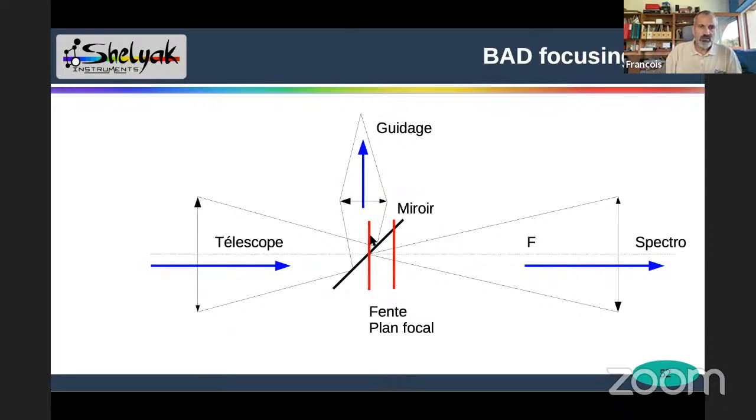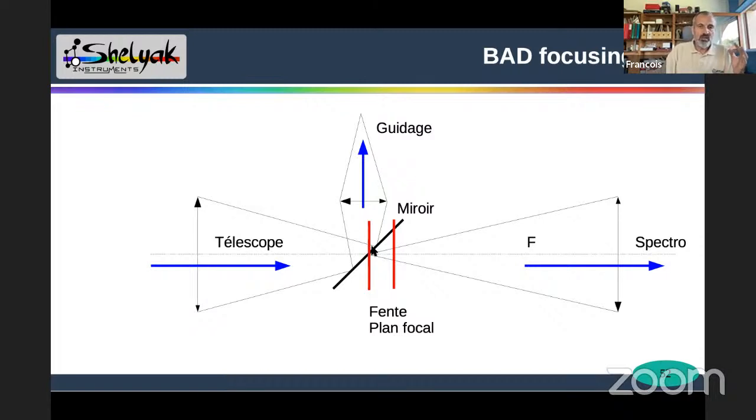So in this situation, the slit is here and you have focused the spectroscope to the slit, but in fact, the telescope is focusing at another plane. And if you do it this way, you will see sharp star images in your guiding image, but the slit itself will not be sharp. And then in the focal plane at the entrance of the spectroscope, which is the slit, the star image will be very wide.